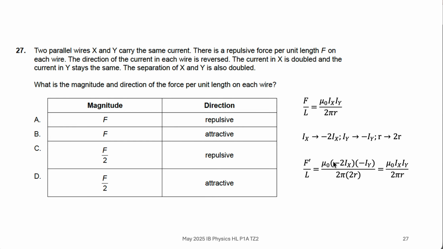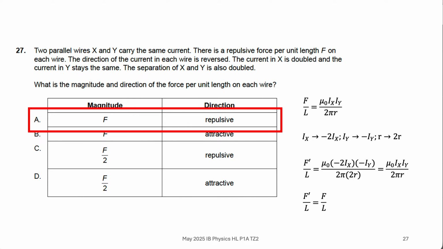So we're simply going to calculate the new version, inputting these two ideas. So we've got mu naught times minus, we've got 2 pi 2r, and you'll notice here that we've got the cancellation of that factor 2, and also our minus signs cancelling as well. Now what that means is that F dash over L is equal to F over L. In other words, the magnitude is the same, and the direction hasn't changed either.